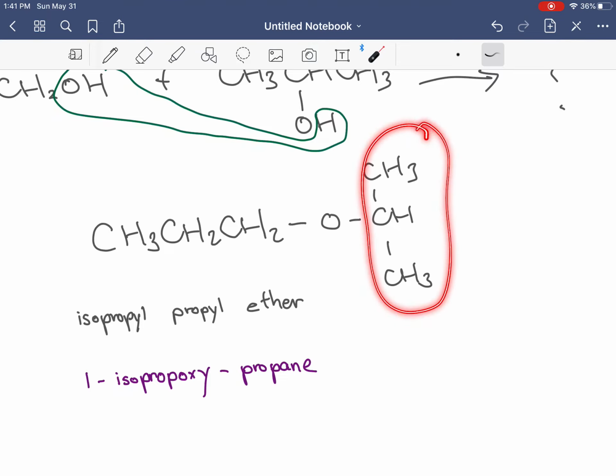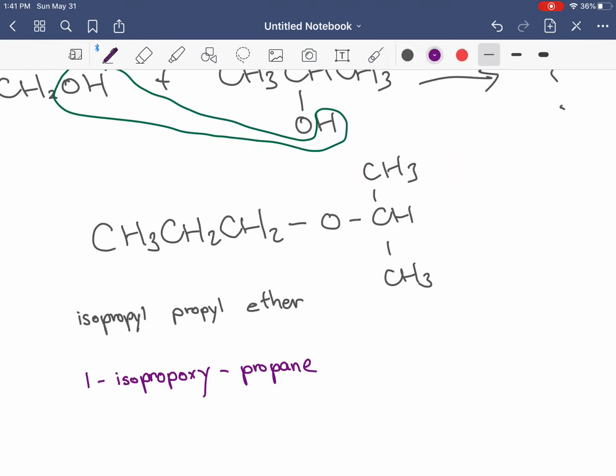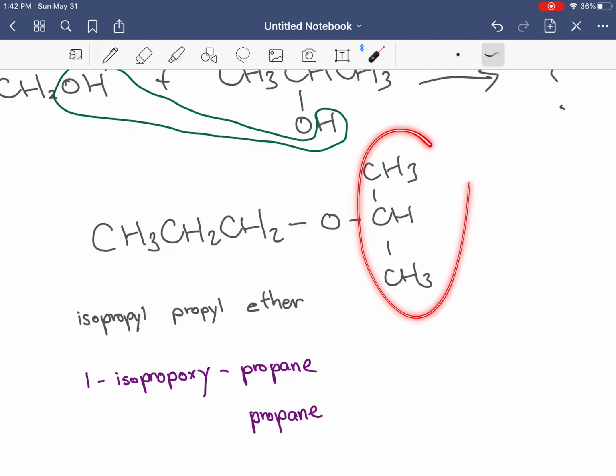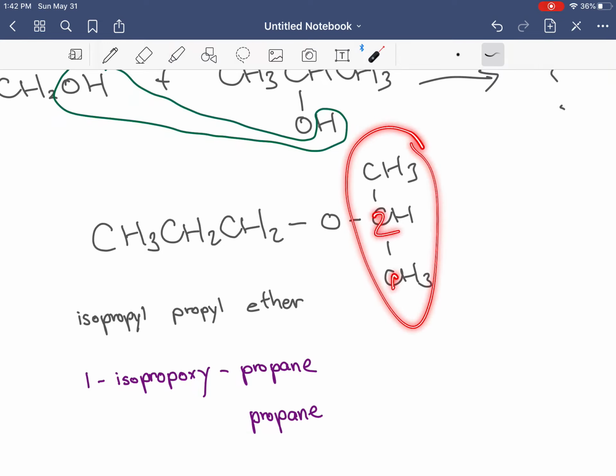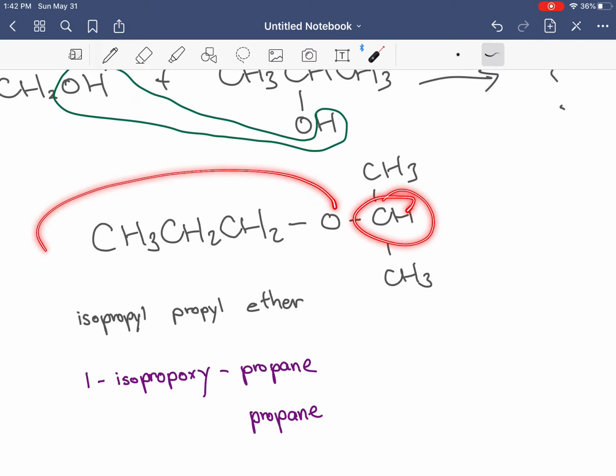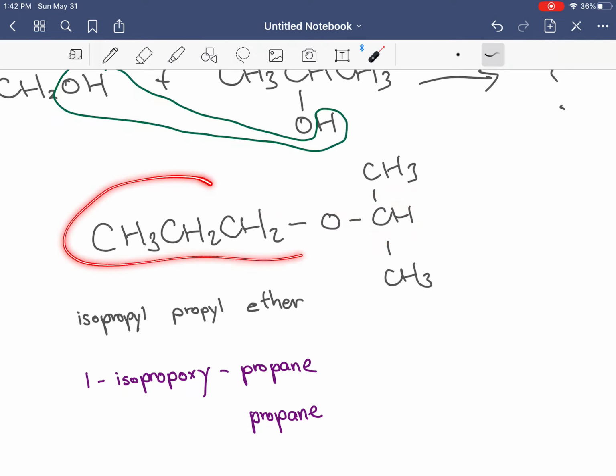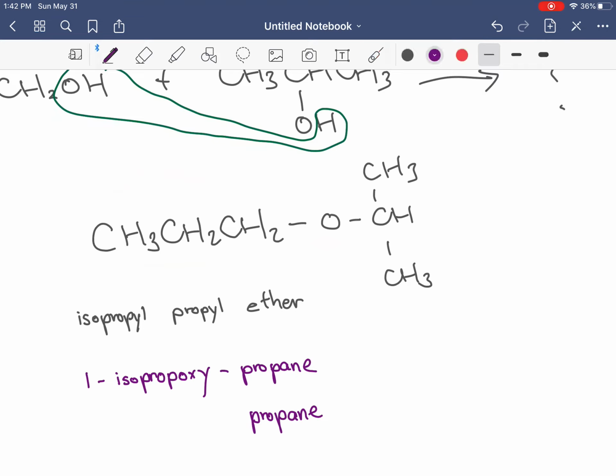Pretty simple. If this is your longest chain, again, this is also a propane, no big deal. We know it's a propane. And the numbering right here is 1, 2, 3. So at number 2 position, you have this side group. And this side group is a propoxy side group, and it's at position number 2.